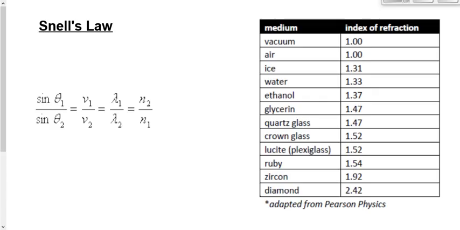That means as the speed increases, the index of refraction decreases, right? V increases, theta increases, lambda increases, N decreases. That equation is on your data sheet, but don't get caught up in blindly writing lambda 1 over lambda 2, V1 over V2, theta 1 over theta 2, N1 over N2. It's not N1 over N2, it's N2 over N1.